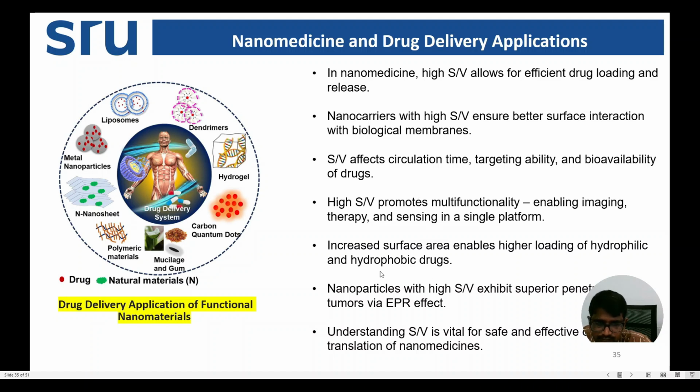And also, for superior penetration into tissues, we need high surface to volume ratio nanomaterials.